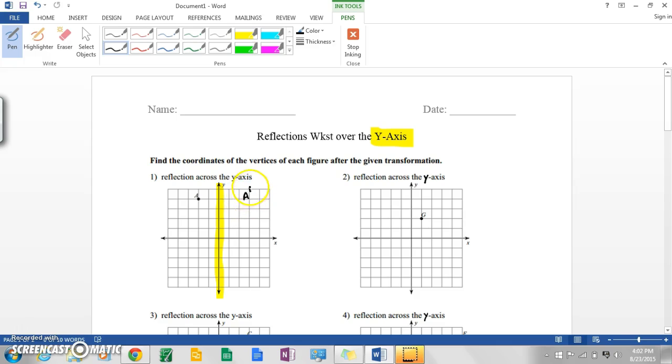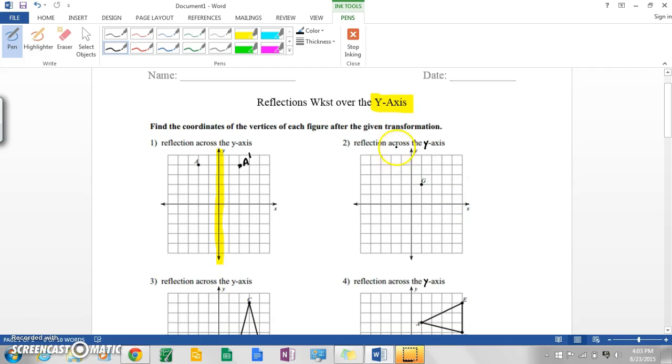That is A, and then with a little apostrophe over the top, we call that A prime. In the original it was 2 units away, so the reflection here is going to be 2 units away. You can see if we folded right along this highlighted line, A and A prime would match up perfectly with each other.